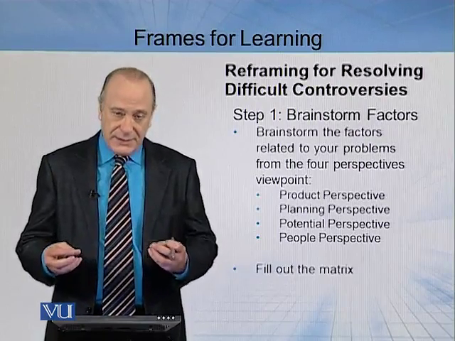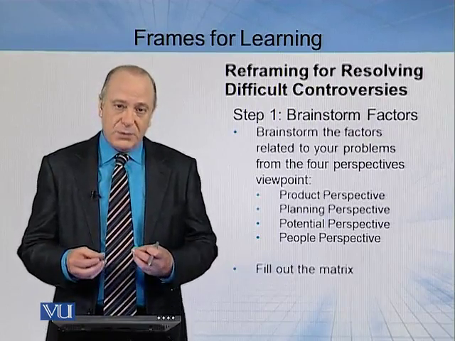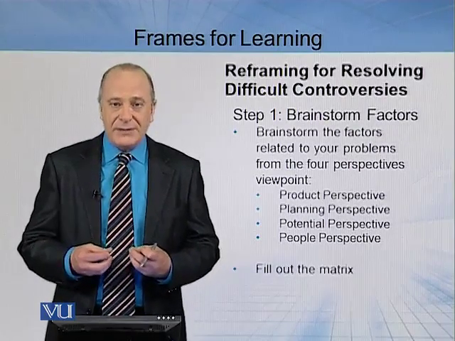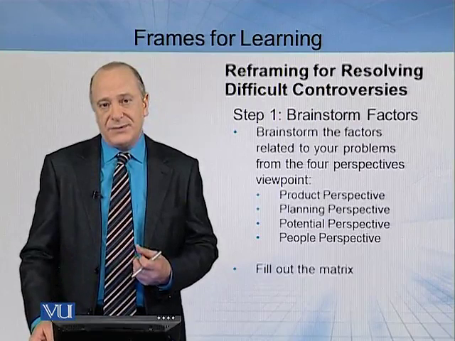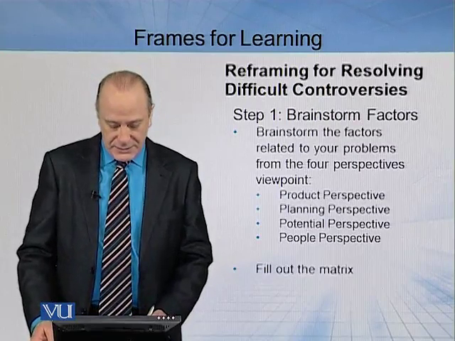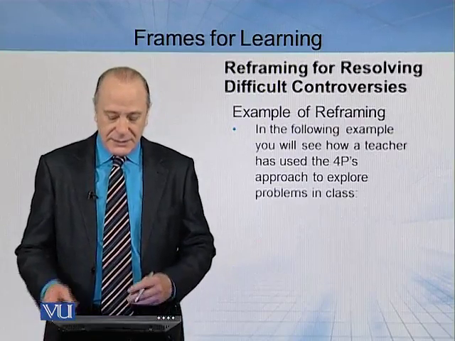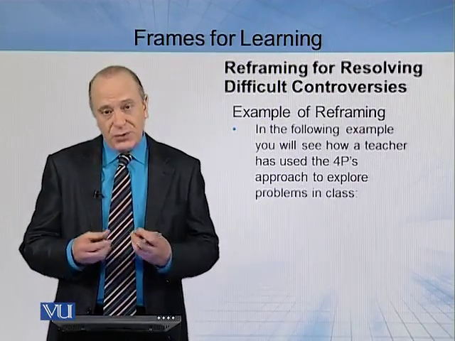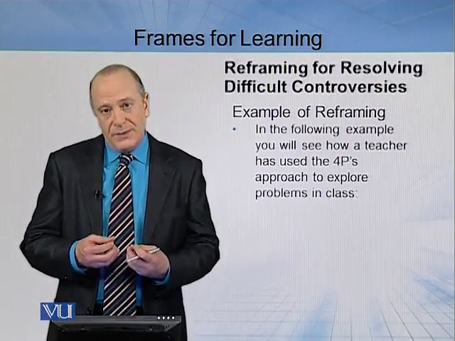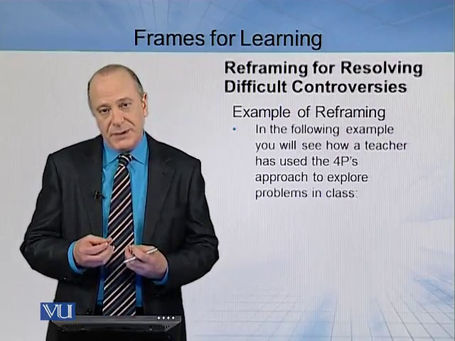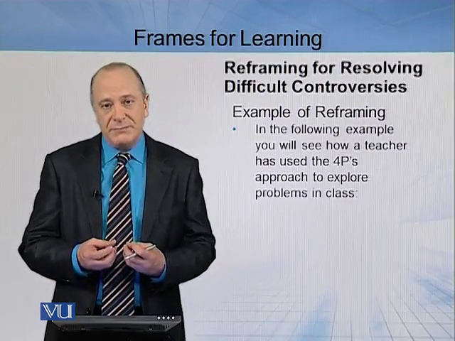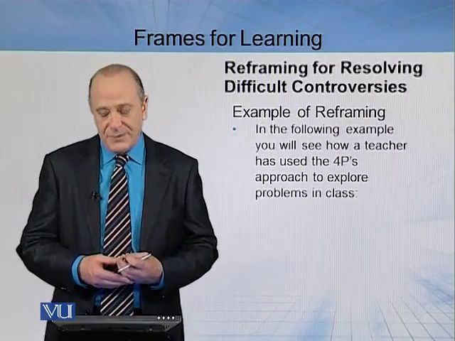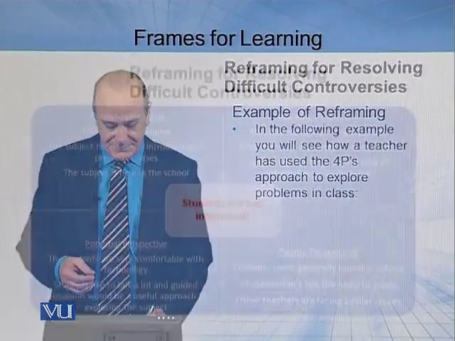By looking at these different views, we can stand back and start to analyze and understand the issues that we're facing. And we can fill out the 4 Ps matrix in this regard in order to explore the problem from this professions approach, from this more objective perspective rather than a subjective perspective.